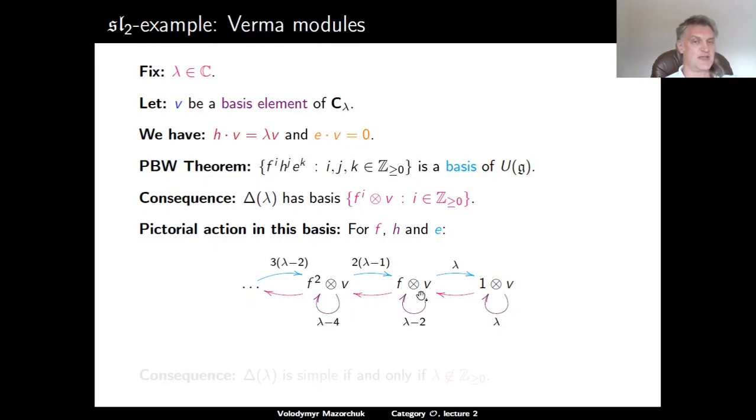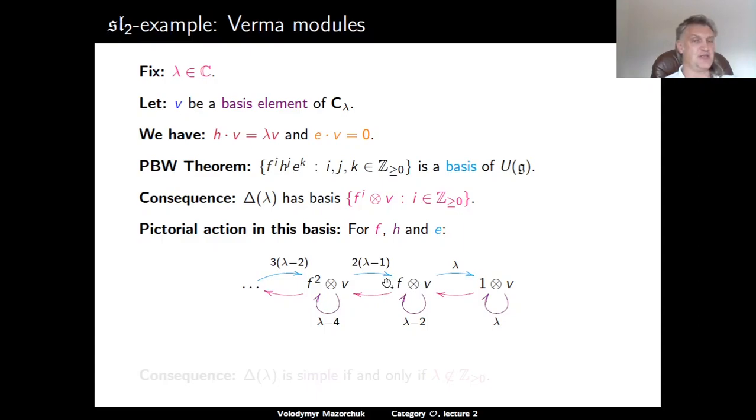F moves everything to the left with coefficient 1. E maps everything to the right, and we need to compute what coefficients we get. A very easy computation shows that E maps f tensor v to lambda times 1 tensor v. It maps f squared tensor v to 2 times lambda minus 1 times f tensor v, and so on.